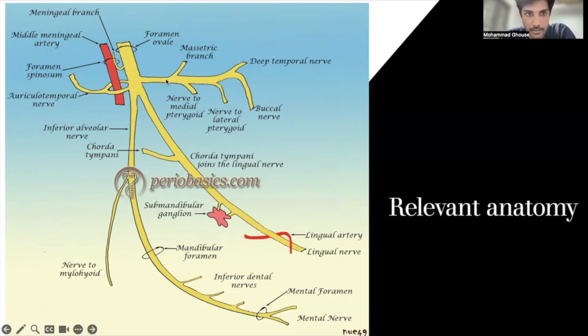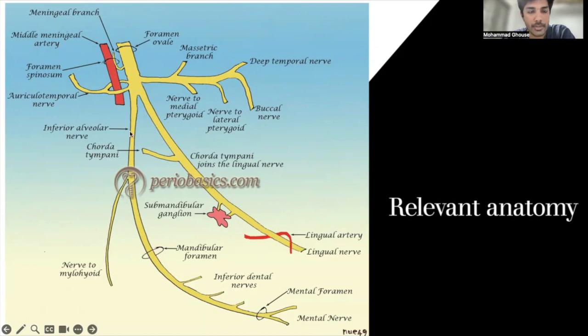The anterior division mainly supplies the muscles of mastication, whereas the posterior division has three branches. That's the auriculotemporal nerve, which has a sensory innervation over the skin of temple. Then we have the inferior alveolar nerve, as we can see here, and this is the lingual nerve.